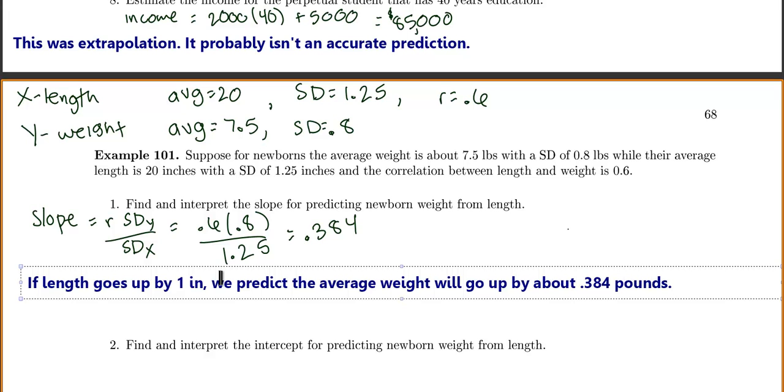So for each additional inch, the average weight should go up by about 0.384 pounds.